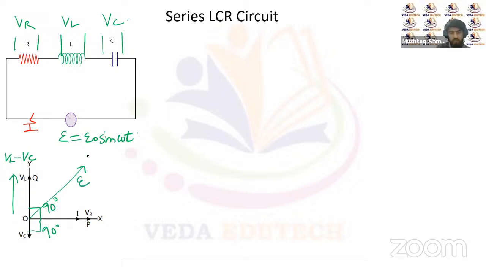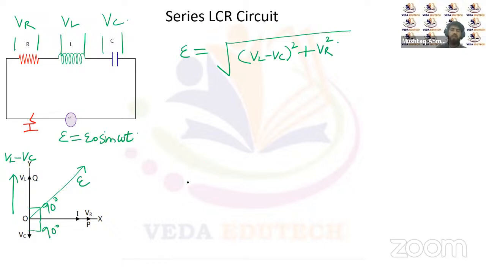So we can write the value of E equal to under root of (VL minus VC) whole square plus VR square, or under root of I square multiplied by (XL minus XC) whole square plus R square.